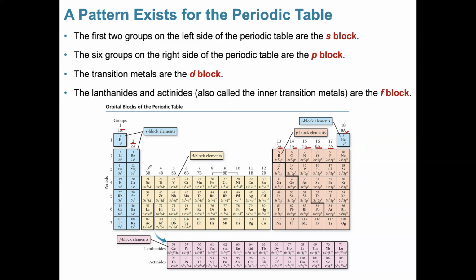And the ones in the middle that are transition metals all have d electrons in the valence d subshell, so that's what we call the d block. And the lanthanides and actinides are the inner transition metals. They are all f block, since in the valence electrons, they all have electrons in the f orbital. So you should be able to roughly identify which block an element is in just by looking at its location in the periodic table.